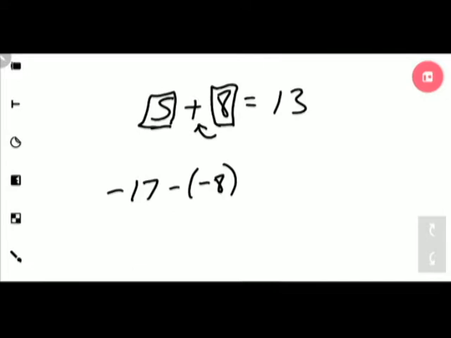Remember that this is the same as this. You are taking a negative 17 and a negative 8, and you are performing subtraction. That is always going to be your operation. This is always going to be your value, and this is going to be your value.